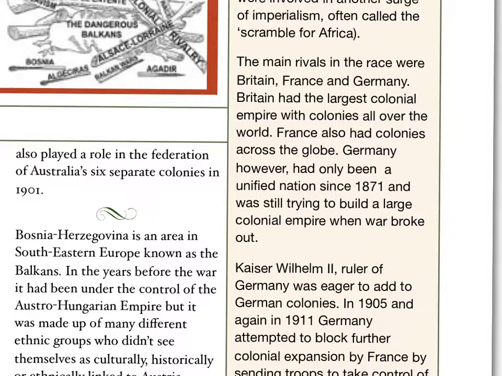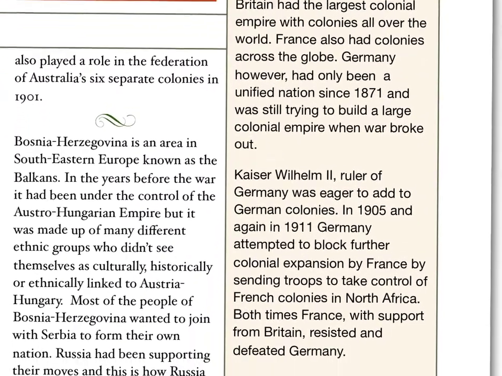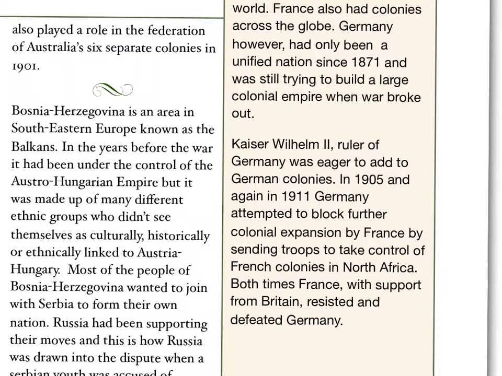In 1905 and again in 1911, Germany attempted to block further colonial expansion by France by sending troops to take control of French colonies in North Africa. Both times France, with support from Britain, resisted and defeated Germany.